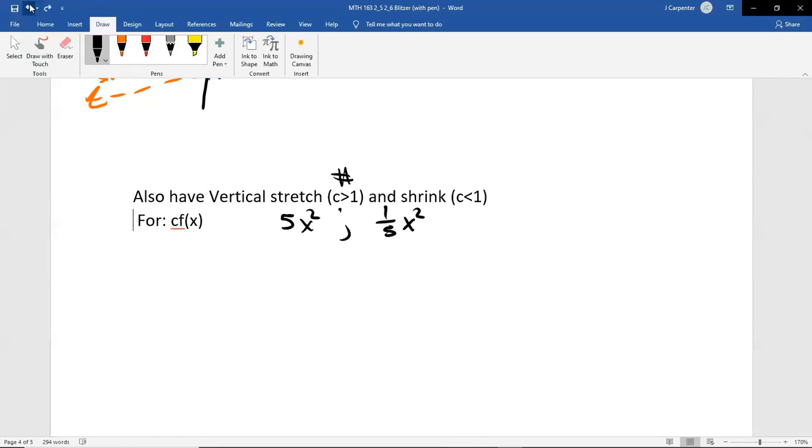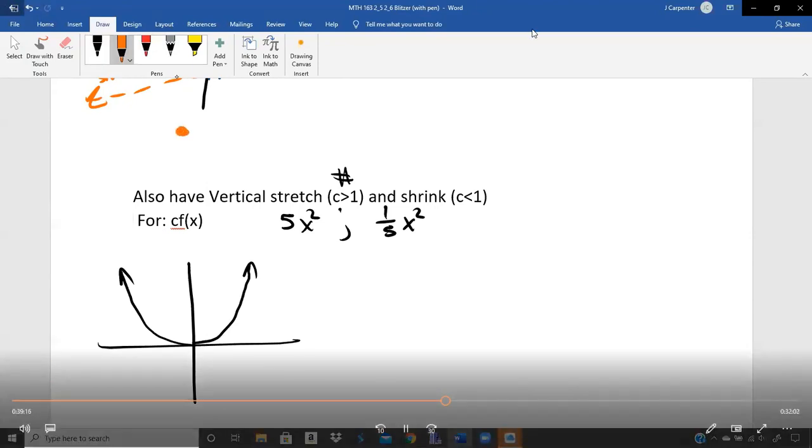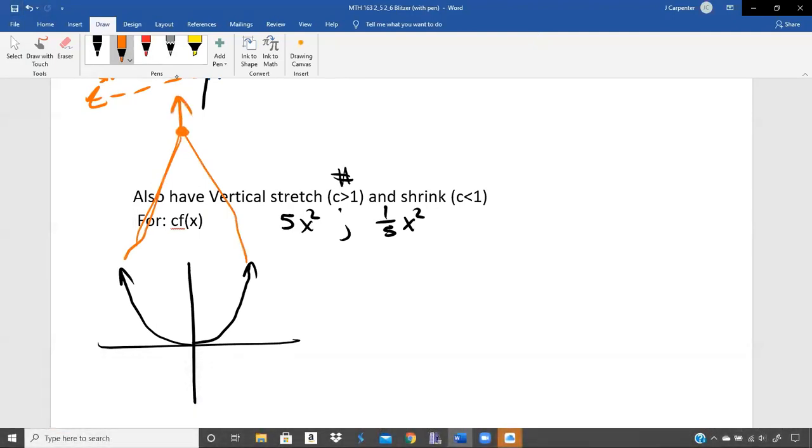So if that number is bigger than 1, then it stretches it. So a stretch, let's say x squared was this graph. Imagine like you're up here and you've got a string attached to your anchors and you pulled that string up.